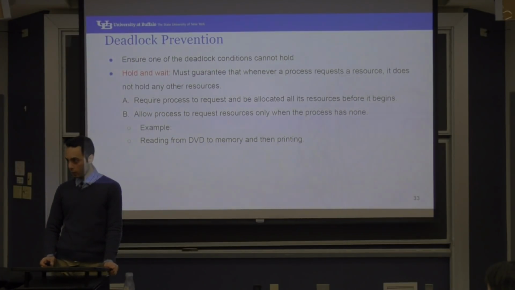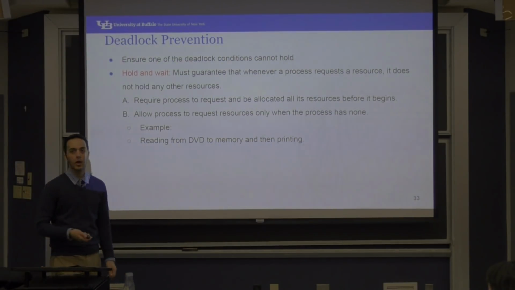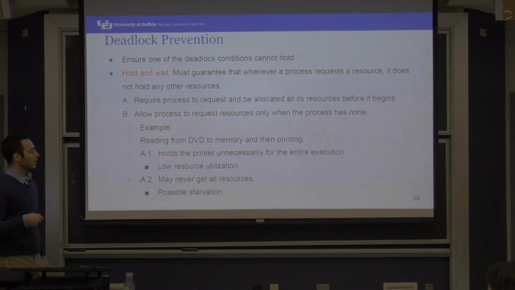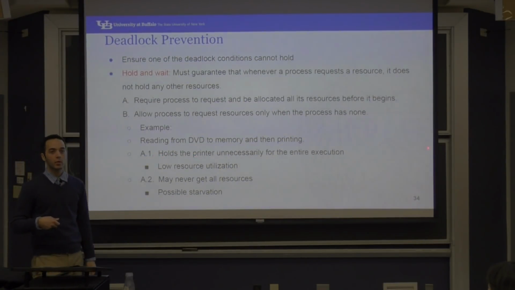The other processes are waiting for their resources unnecessarily. One issue is that if it's holding the printer while it may actually need it in half an hour, it will prevent other processes from using the printer for that half hour. That's low resource utilization.